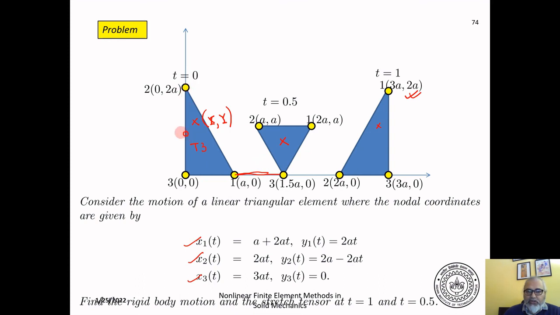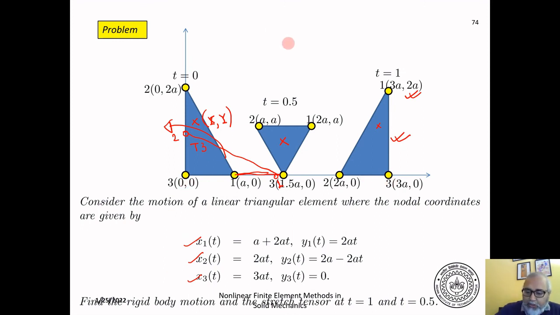So 2 comes somewhere here, 1 goes somewhere here. You have stretched it by 2 times, and this is your triangle. And then you have a counterclockwise rotation. So you rotate this whole thing this way to get this configuration, which is stretched by 2 times in the x direction, compressed by half in the y direction, and then turned by 90 degrees. That's when you get this. 1 comes to the top, 2 comes here, and 3 moves to the right.